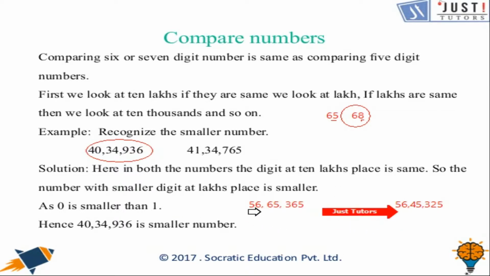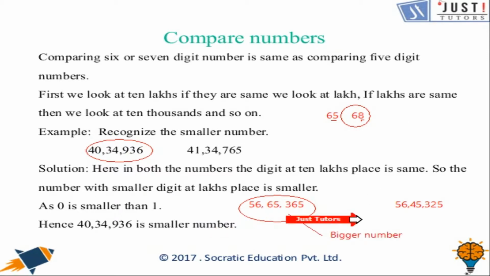The second digit is 6. Here it is 6 as well. So far we cannot make any decision. The next digit is 6 and here it is 4. So we can clearly find that this number is the bigger number. Okay, so I think that now we are confident how to compare different numbers.